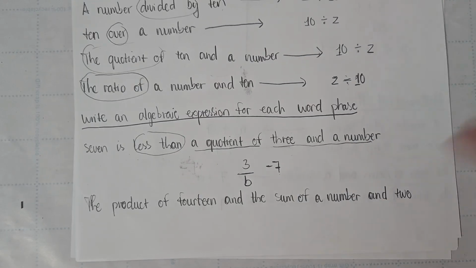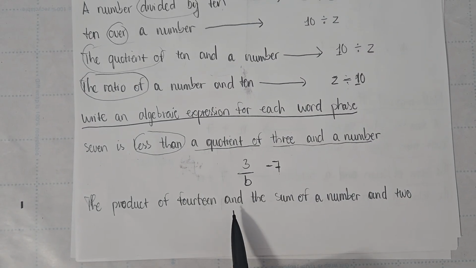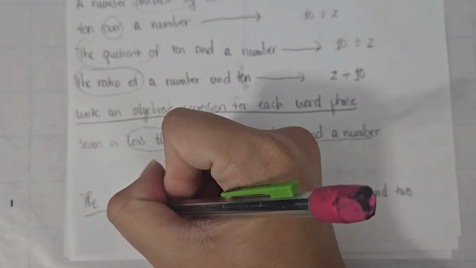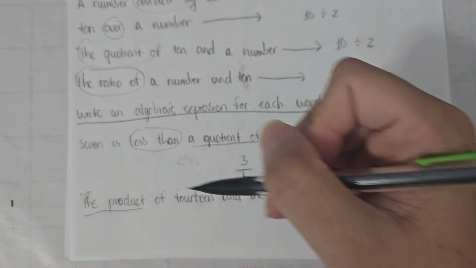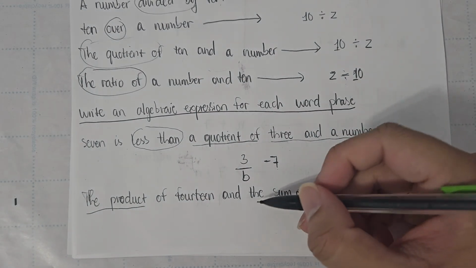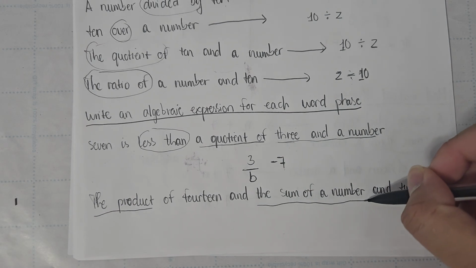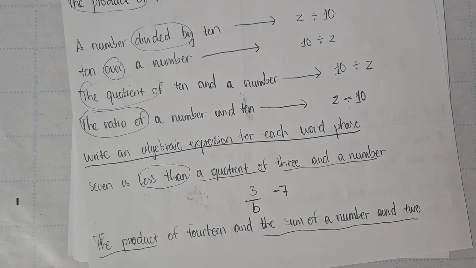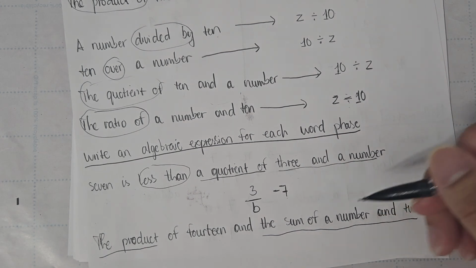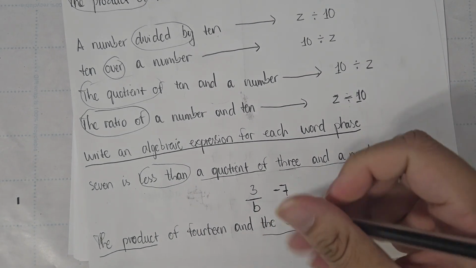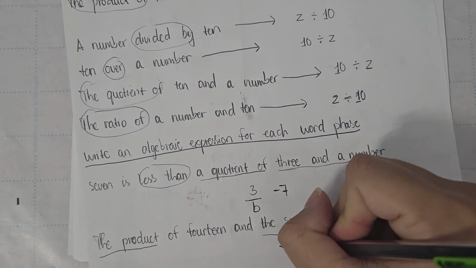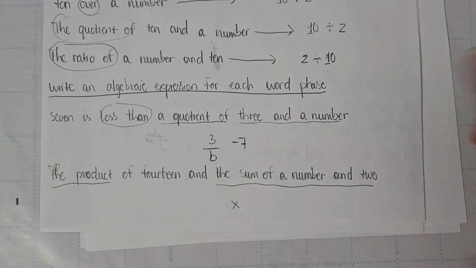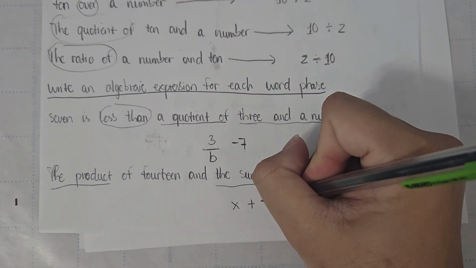Then the next one is the product of 14 and the sum of a number and 2. The product means multiplication. And then we have the sum of a number and 2. Let's make the number x, so we have x plus 2.